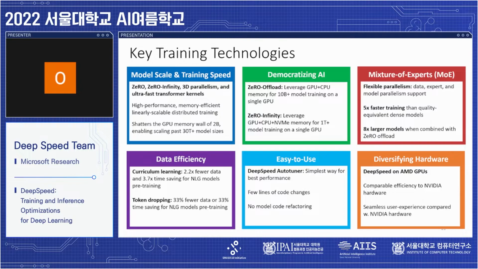We also have support for mixture of experts, which is an emerging technique that helps to reduce the computation cost of scaling to larger models. We have techniques for data efficiency, where we can train to good accuracy using fewer data samples. We have a DeepSpeed autotuner that makes it easy for users to find very good configurations for training the models. And finally, we're diversifying across hardware. We support both AMD and NVIDIA, and we are extending out to other GPU hardware out there.